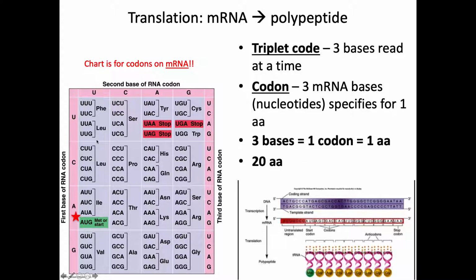That's very special, because what if our original codon was supposed to be UUA, but that third base mutated or changed into a guanine. And now we have UUG, but that's okay because UUG will also code for leucine and will still have the correct amino acid sequence.